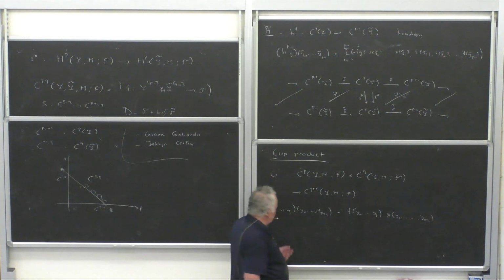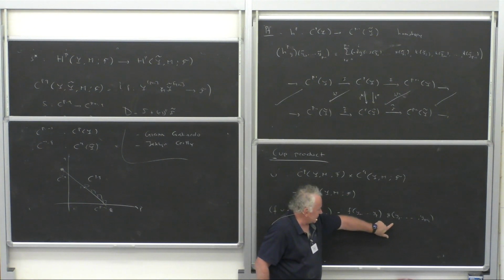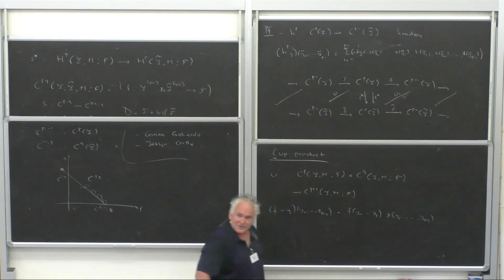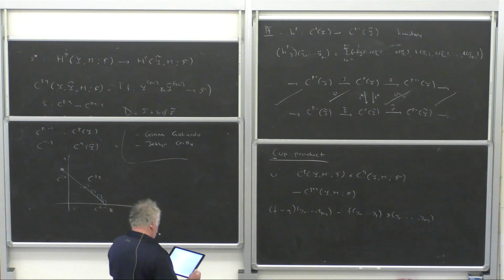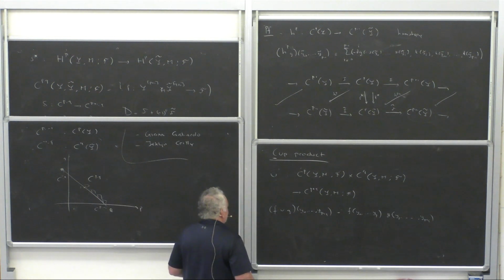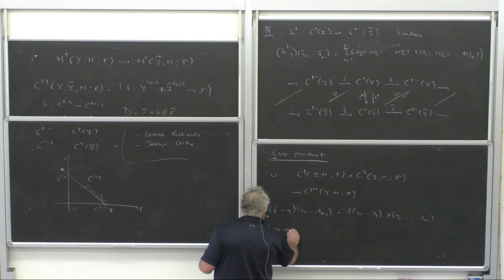But this is the formula: you just take the product of these two cochains, and take the first one here to be equal to the last one there. So it's quite a simple formula. In fact, there exist higher cup products.